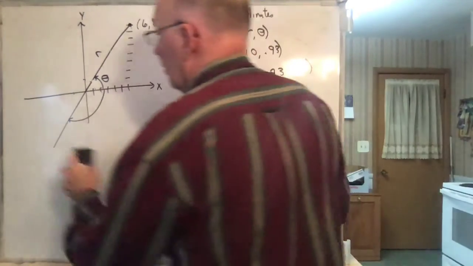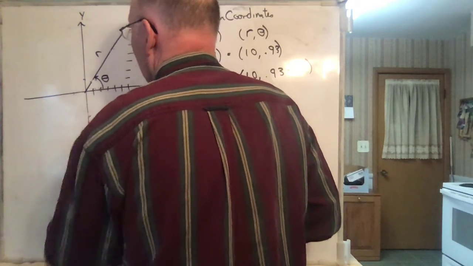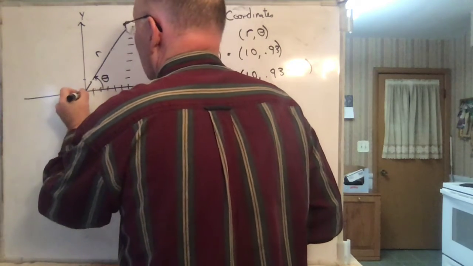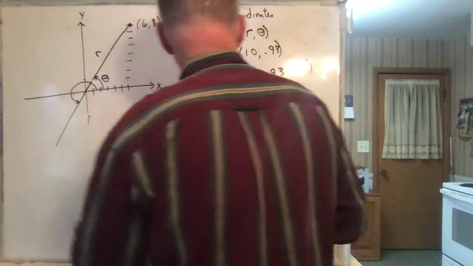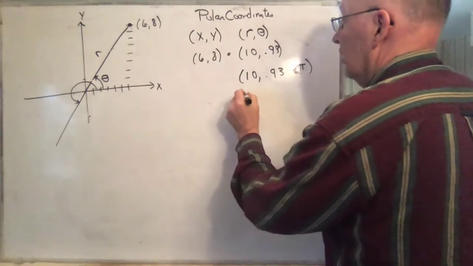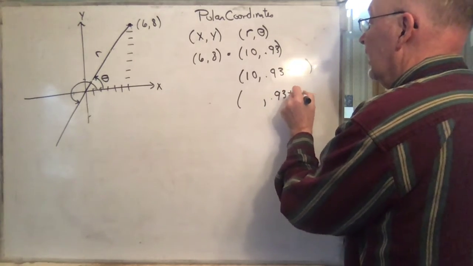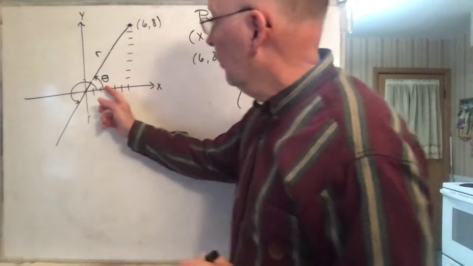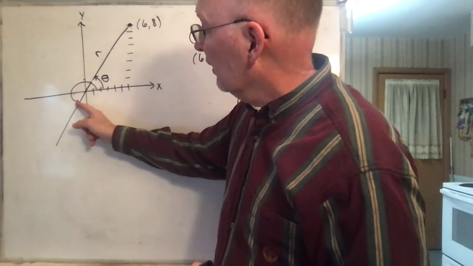We can do this. I think I prefer this one. We can go this angle here, which is going to be 0.93 plus pi, agreed? If I take 0.93, that gets me right there. If I add another pi, I'm going to be right there.